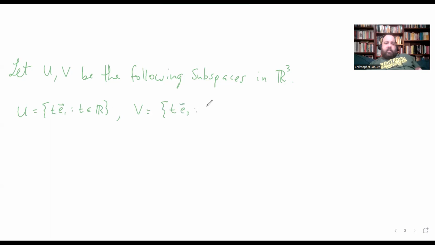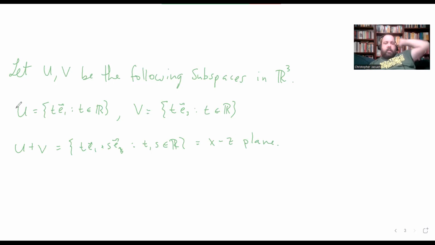I'm just making something up here. And if you look at U plus V, this is the set of all t e1 plus s e3, t, s in R. And this is actually the XZ plane, which is a subspace, which you could check. And you could come up, like in the other example, with an infinite number of examples. That's just one of them.